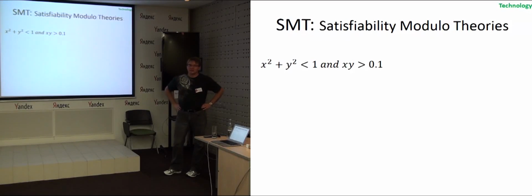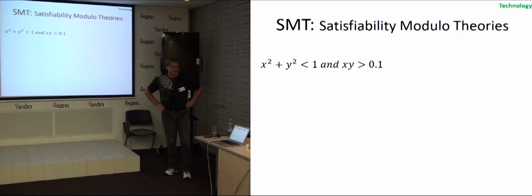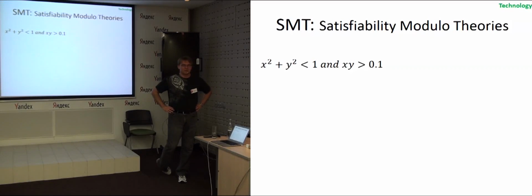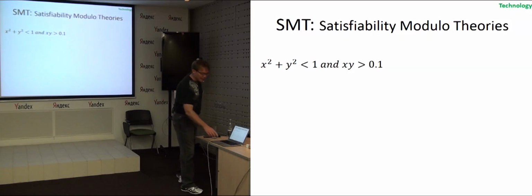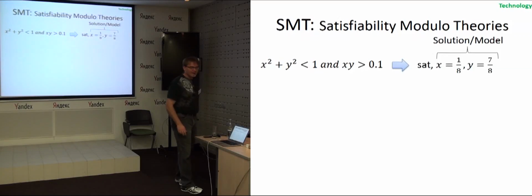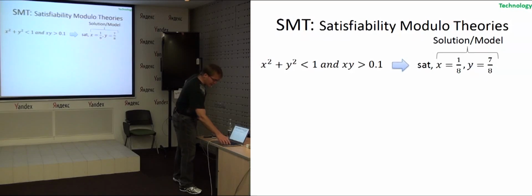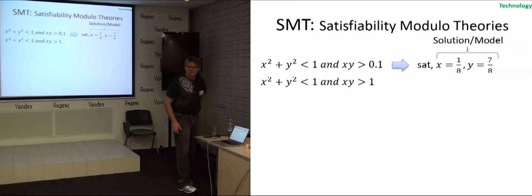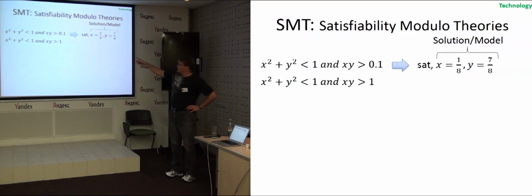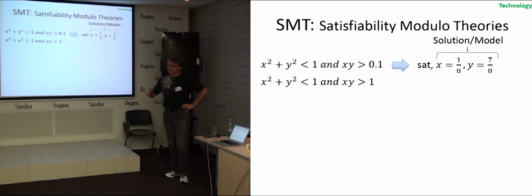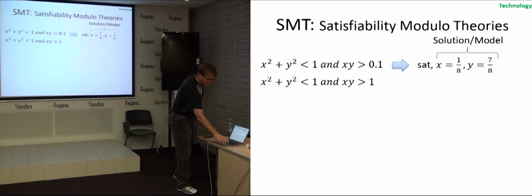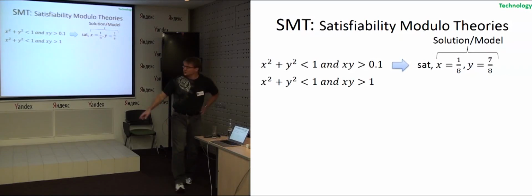Suppose you have this formula: x squared plus y squared is greater than 1, and x times y is greater than 0.1. Is it feasible? Yes, it's feasible. So this was an example value that satisfied the formula. And here's another formula: if we constrain x times y to be greater than 1, is that still feasible? Well, we know from geometry that this is the unit circle.